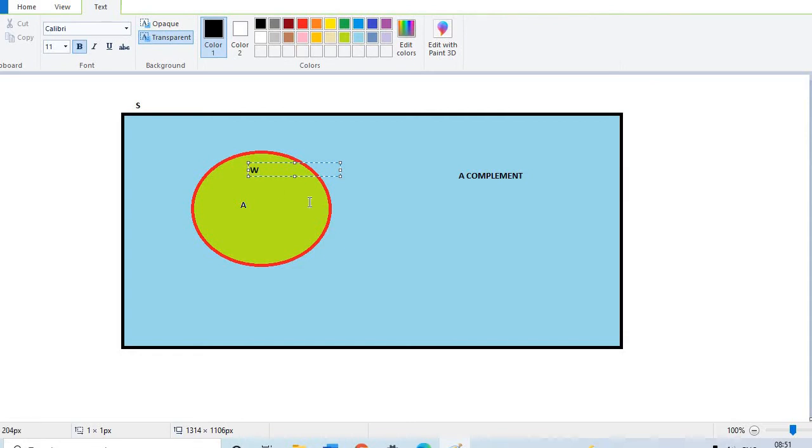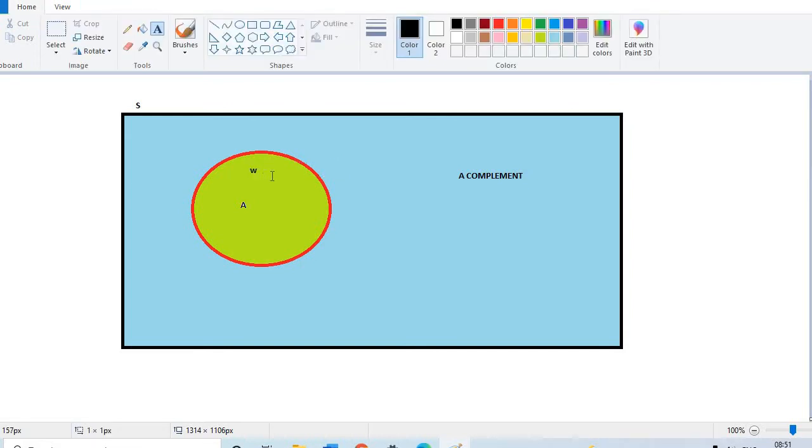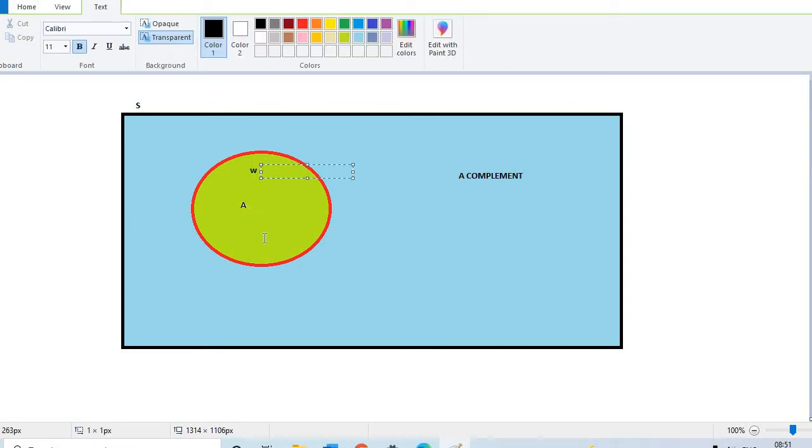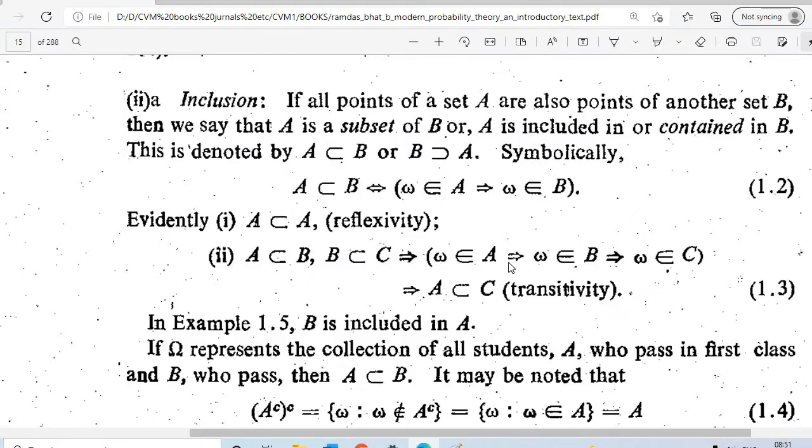Suppose this is omega, which I write as small w. Here omega belongs to A, that means omega belongs to S. So that is the idea of subset. A subset of B. Clearly A is a subset of A.